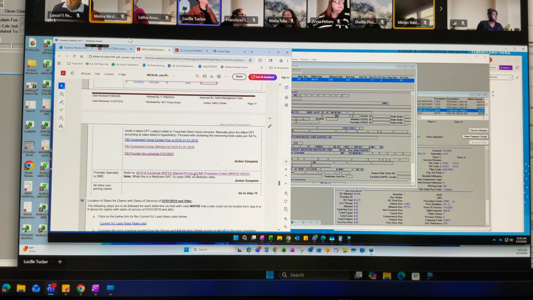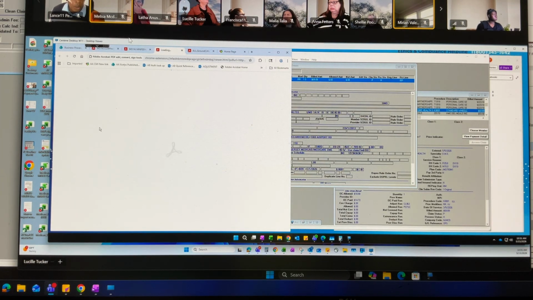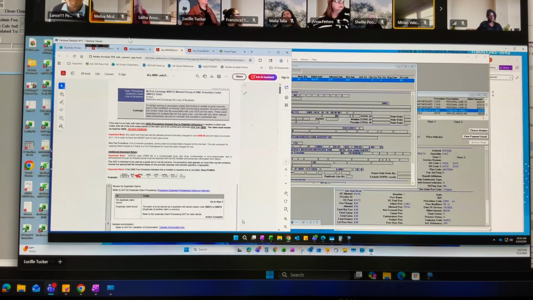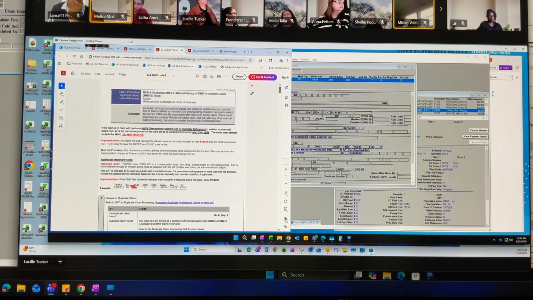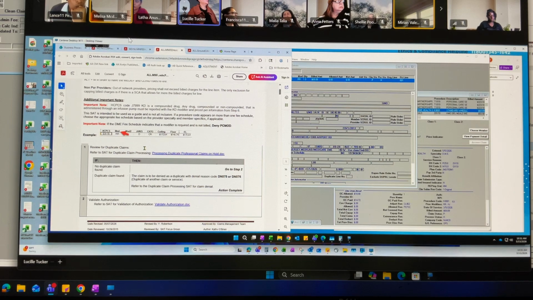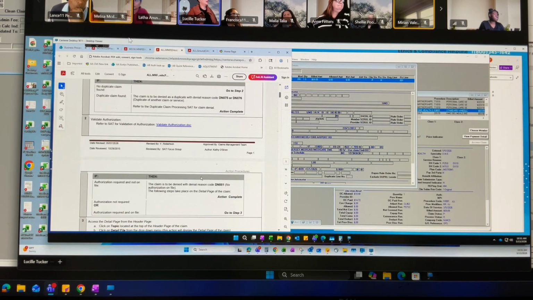So now I'm going to go to the Medicare and exchange pricing. So once again, it wants me to review for duplicate and validate my auth. Don't need to do that. Already did it as part of the MNFEE, and auth is not required.